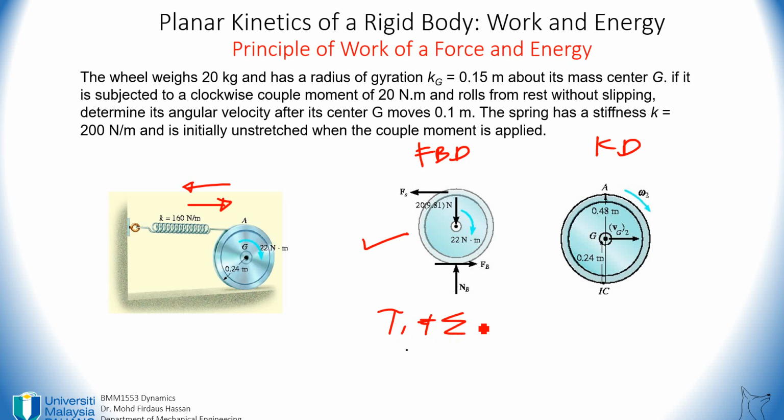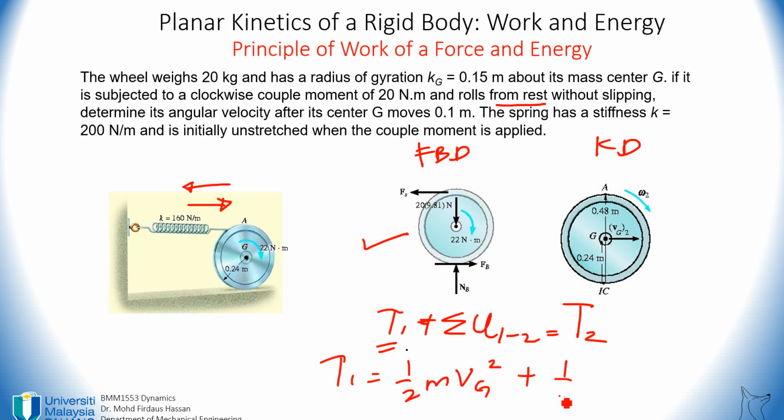T1 plus the summation of work from 1 to 2 is equal to T2. T1 is basically the kinetic energy at rest. So it rolls from rest, so both elements of T1, half m vG squared plus half IG alpha, are equal to 0. We start from rest.